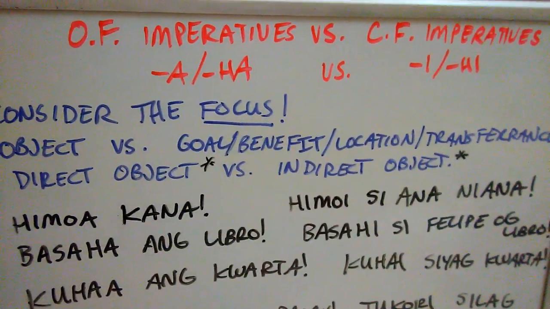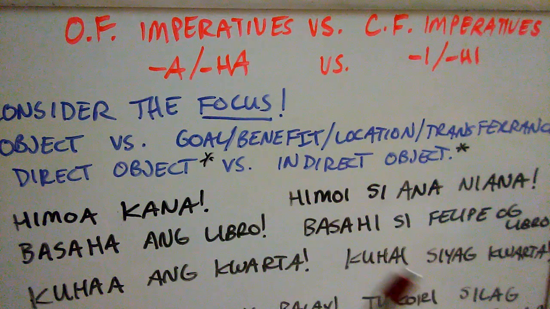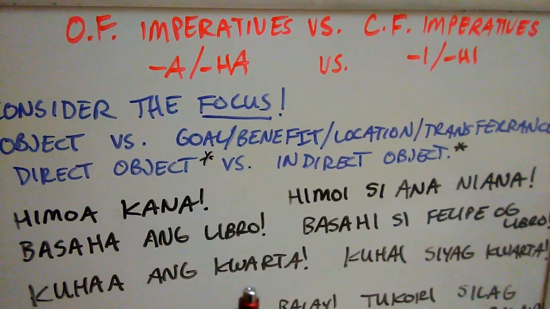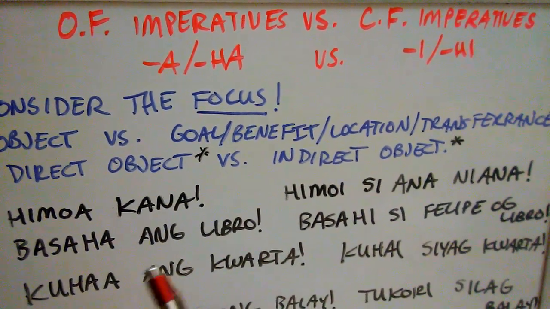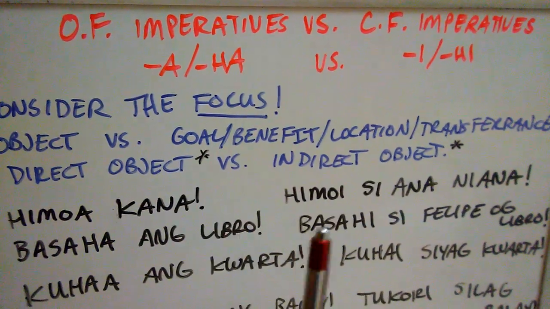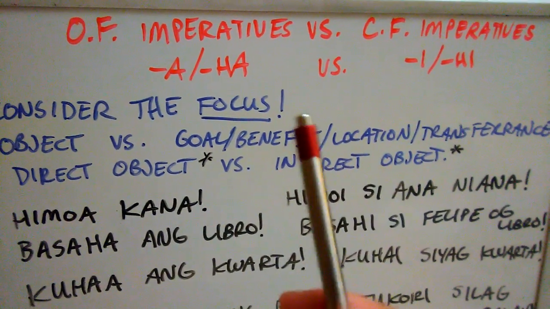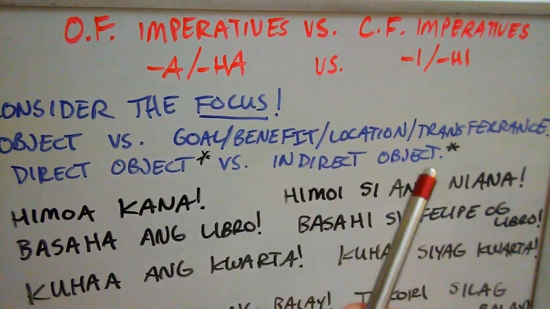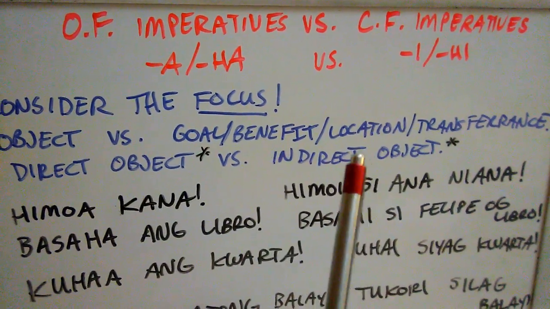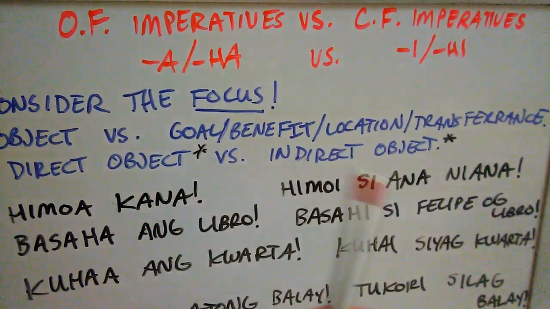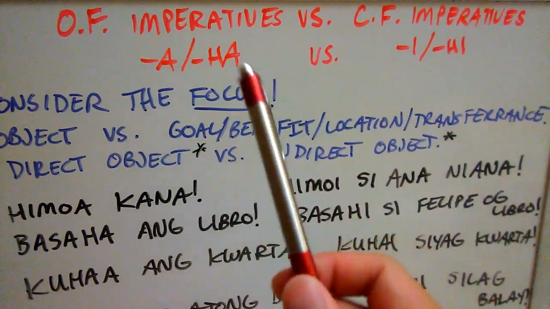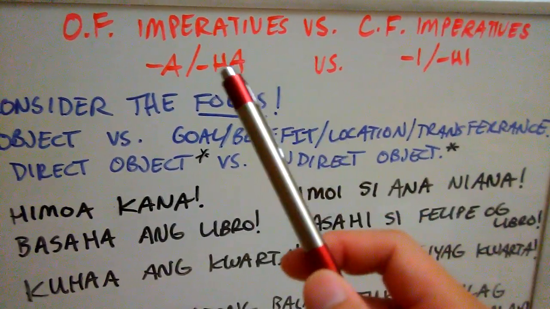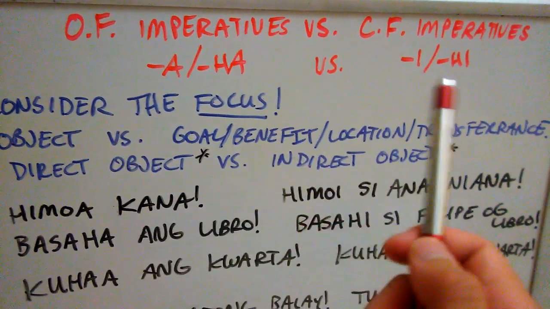That it has to do something with the transitivity of the object and the object as a focus. So you have to take a look at it that way, and that's why there's going to be some gray area for this topic, because sometimes some verbs don't do whatever action they do with the object or transfer something to the object. Therefore, one of these is going to have to take the case of both of them.